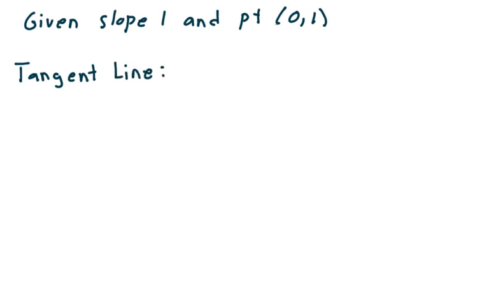And so here, if we don't remember, when in doubt, you can do this. Y equals mx plus b. Okay? That's the slope-intercept form of the equation of a line. Now, m is 1, right? That's the slope. So we know that y equals x plus b.